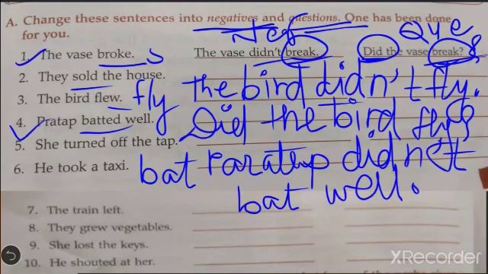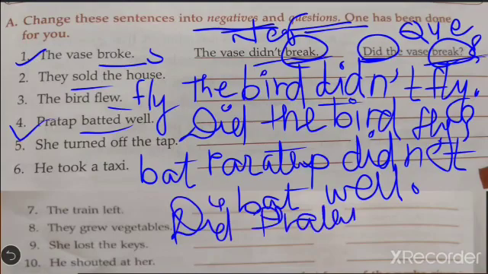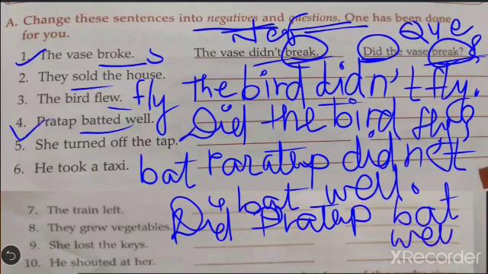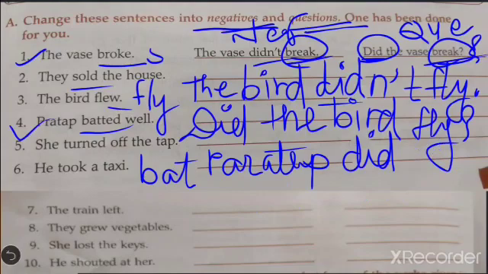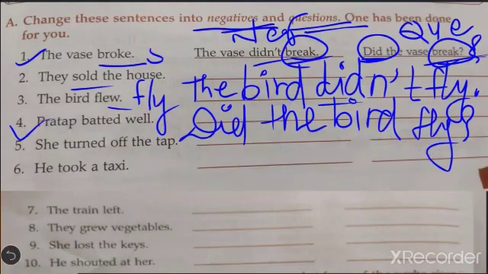And in a question sentence, did Pratap bat well, and question mark. So students, try the other sentences yourself also. Some sentences I'll do for you. But when you try yourself, you can understand very well.